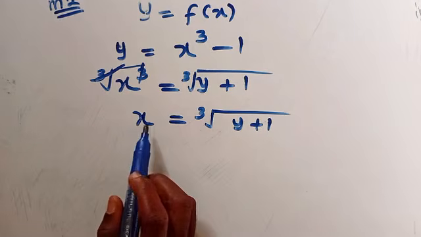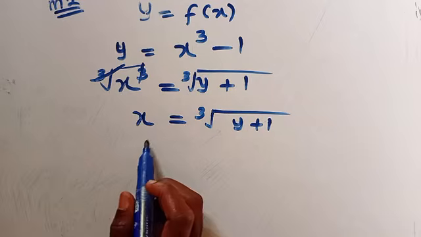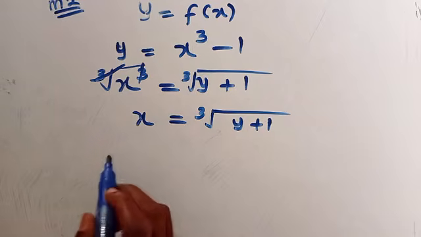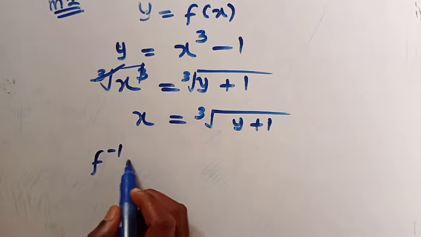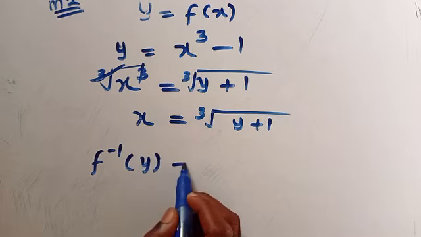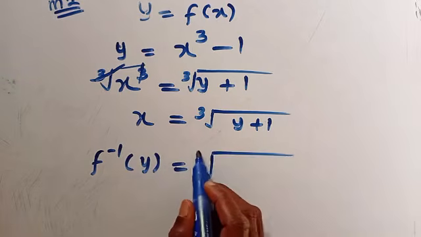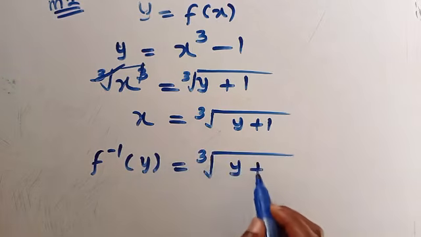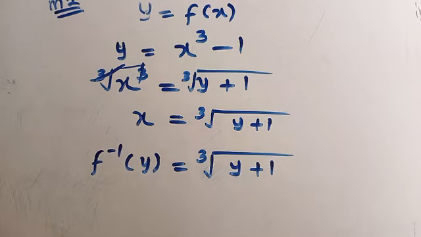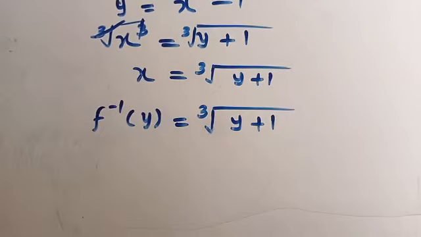Note that if you have y equals f of x, then x will be equal to f inverse of y. So by changing this to f inverse of y, we have this as the cube root of y plus 1. And indeed, we can change this to x again. Then we have f inverse of x equals the cube root of x plus 1. But this is not where we are going.